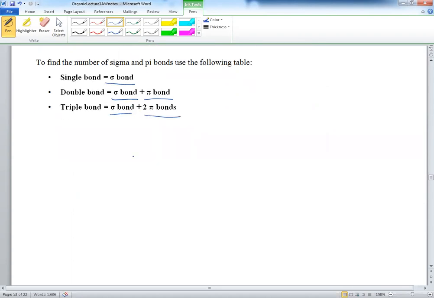Okay, so let's look at a simple example here. Suppose we have this structure right here, and we would like to determine the number of sigma and pi bonds.